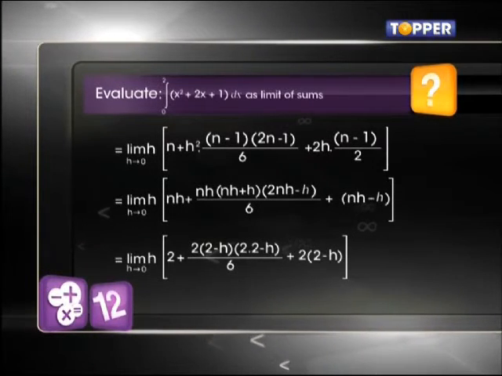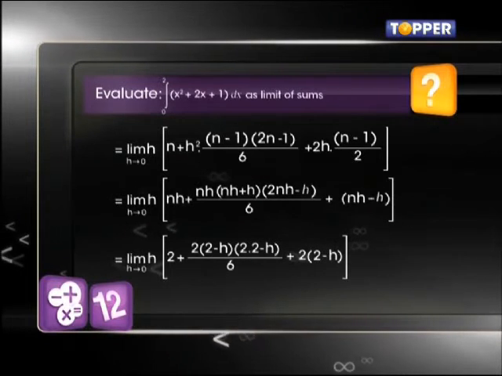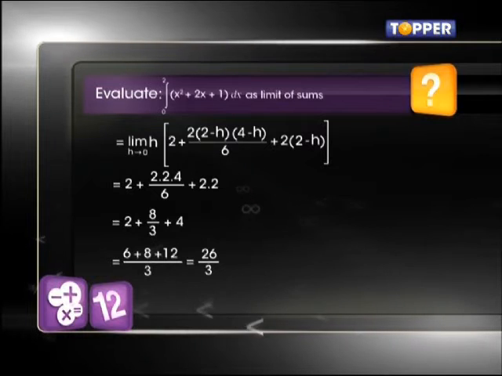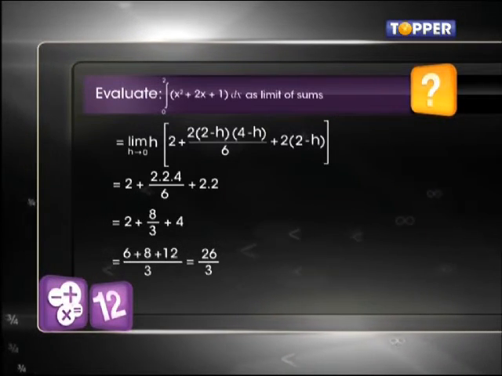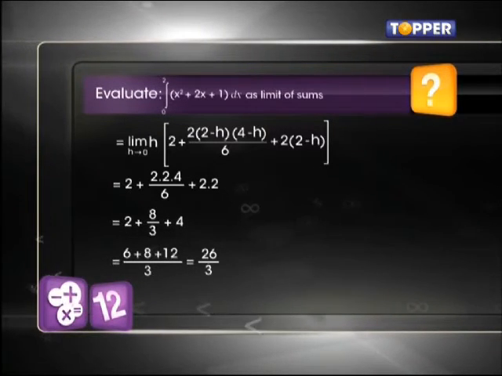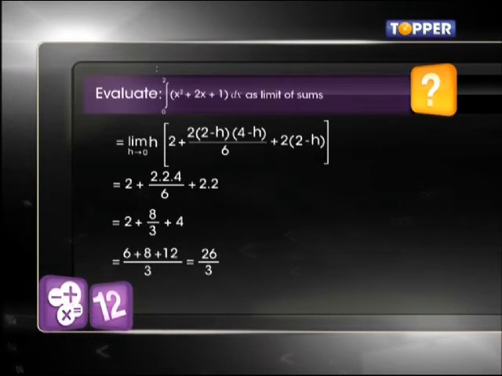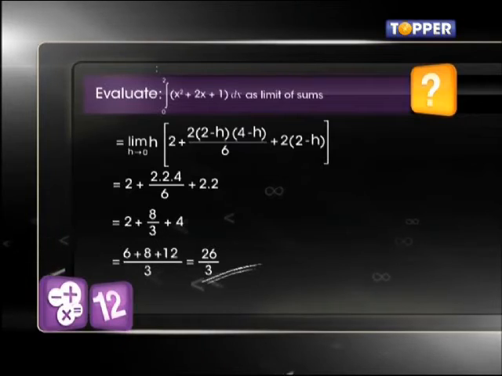And on substituting required formulas and value of nh equal to 2, the function reduces to limit h tends to 0, 2 plus 2 into (2 minus h) into (4 minus h) by 6 plus 2 into (2 minus h), which on solving gives us 26 by 3.